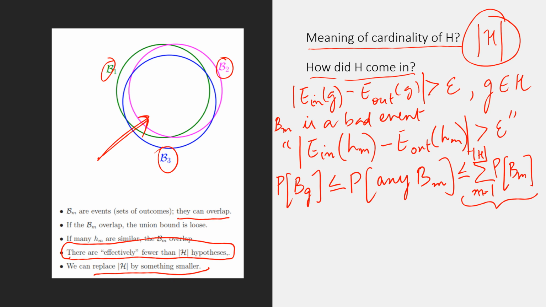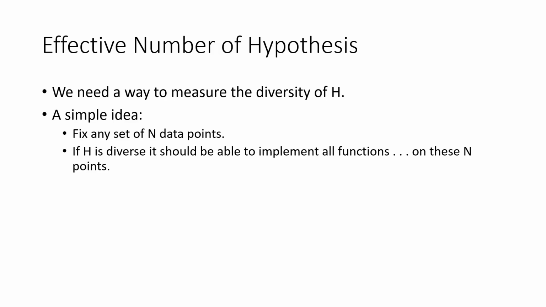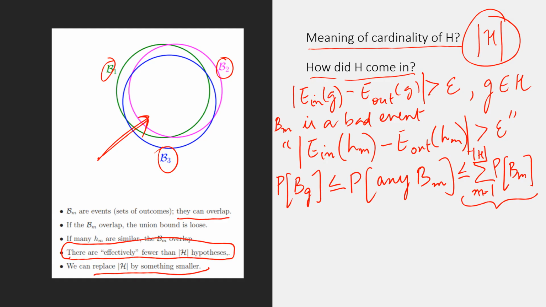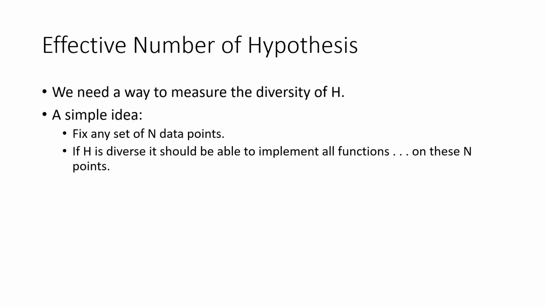Okay, so what do we mean by this effective number of hypotheses? What we said here was that many of the hypotheses might be similar, and if they're really, really close, we need to measure the diversity or the difference in the hypotheses. Basically, we have to come up with some kind of definition that will categorize these hypotheses within the hypothesis set: this is the measure, and if the measure of a set of these hypotheses is this, then these are considered the same hypotheses.